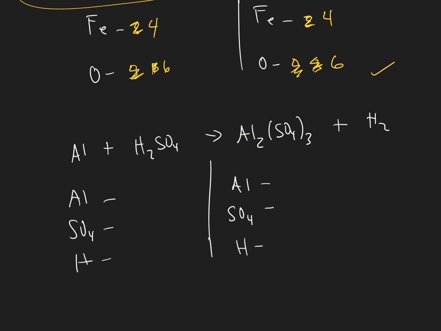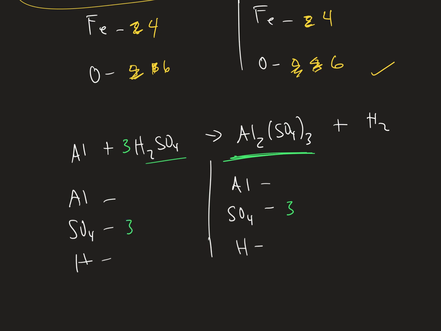Okay. Where should we start? Maybe that one right there, yeah? That one has the largest numbers. You want to start with sulfate? Great. We have 3 on the right, so we only have 1 on the left. So we better put a 3 right there. You following?